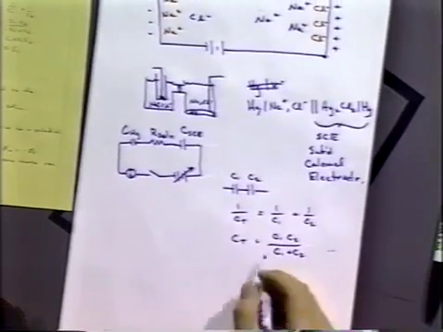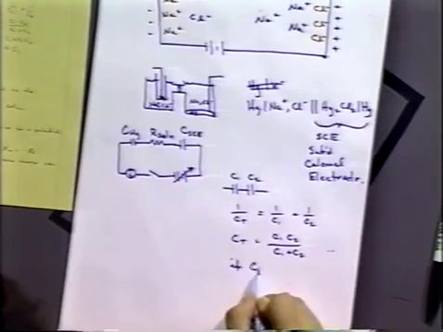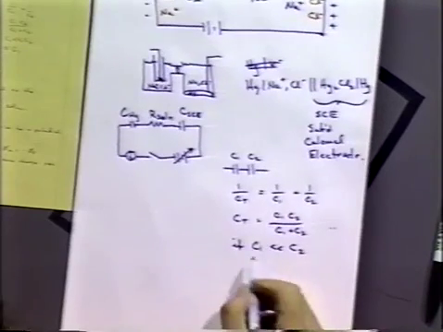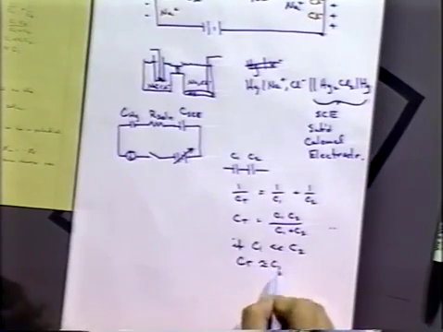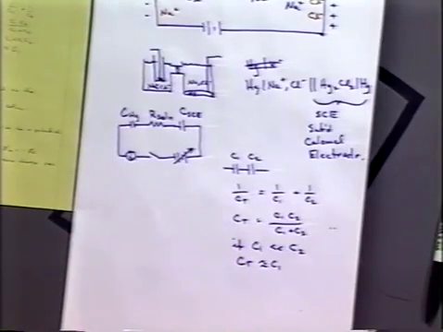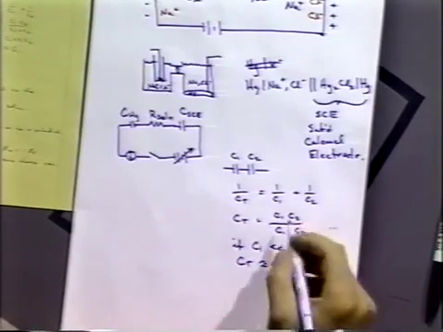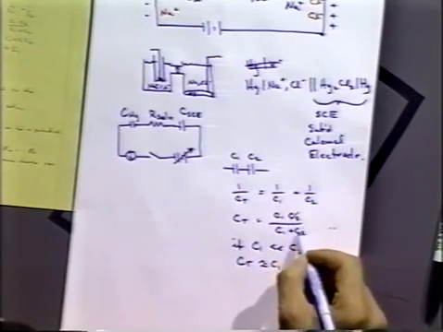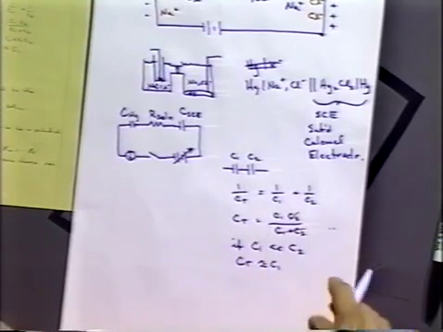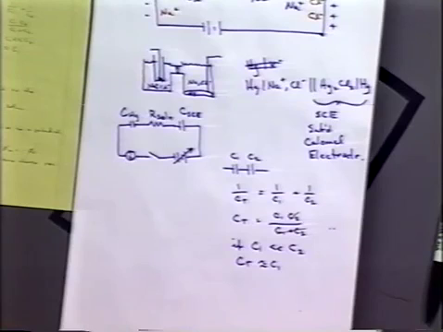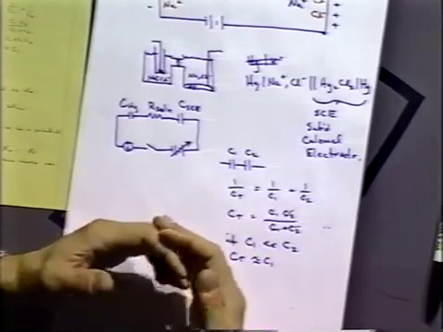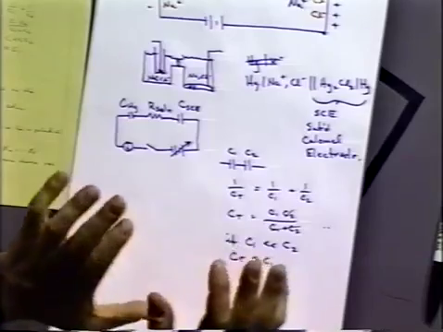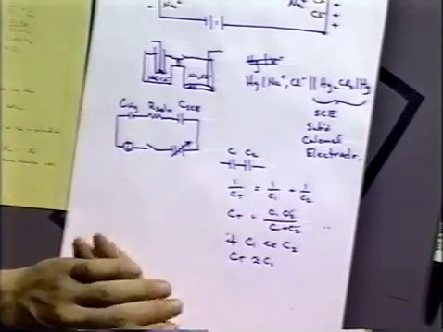And so my point is that if C1 is much, much greater than C2, Ct is approximately equal to C2, because 1 over C1 effectively becomes 0, and that cancels out. So it's kind of a non-intuitive effect, but in fact that's the way it works out. The largest capacitance in the system becomes minimal. We don't have to worry about it, and the effective capacitance of the system is driven by the smallest capacitance.